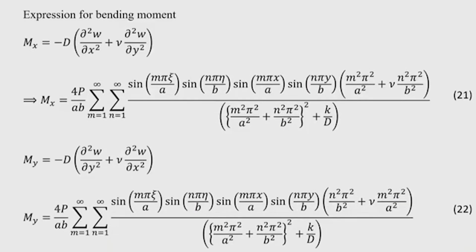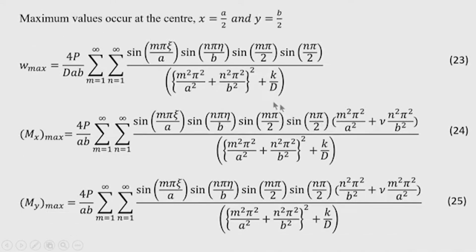So, x is equal to a by 2 and y is equal to b by 2 is the point where the maximum bending moment occurs, and substituting back this x is equal to a by 2, y is equal to b by 2, we ultimately get the expression for maximum deflection, the expression for maximum bending moment in x direction, and the expression for maximum bending moment in y direction. So, these are the expressions that are very important, especially for design of deck slab in the bridge, because we are dealing with several concentrated loads.